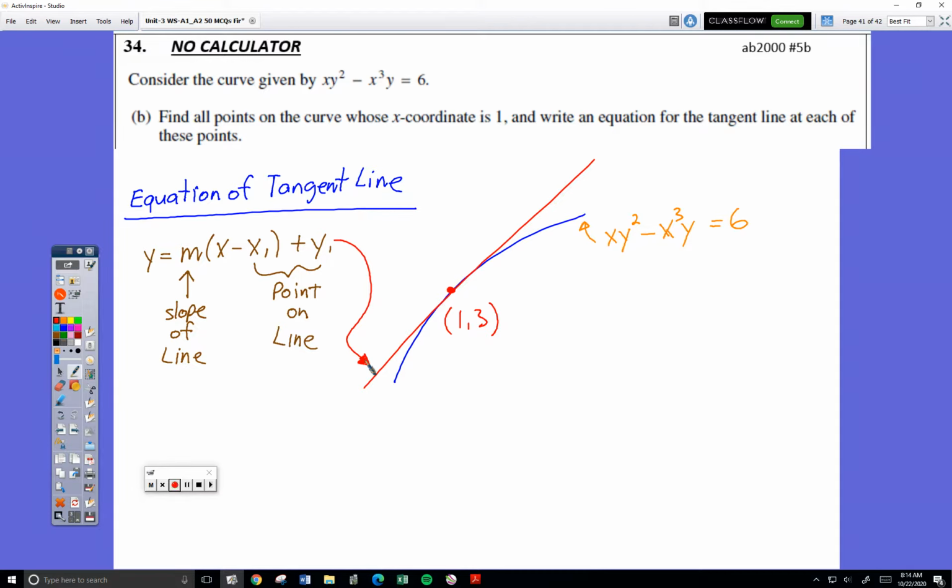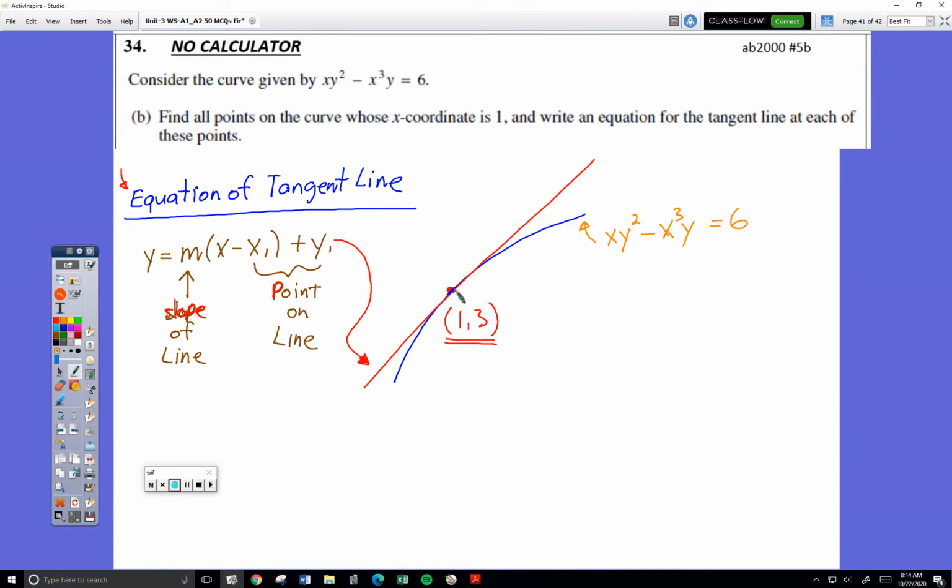So, in order to write this equation of a tangent line, I need a point that is on the line, but I have the points I need. I also need the slope of the line at that point. So I need to find the slope of the curve right here, because the slope of the curve right there and the slope of the line are the same thing.